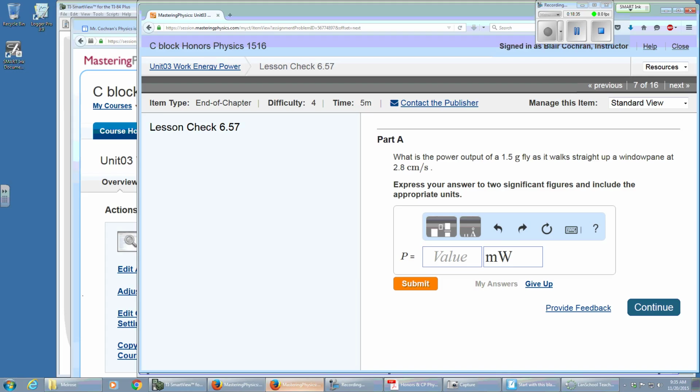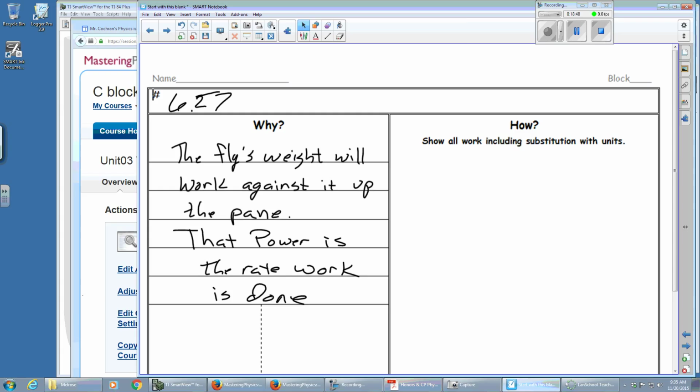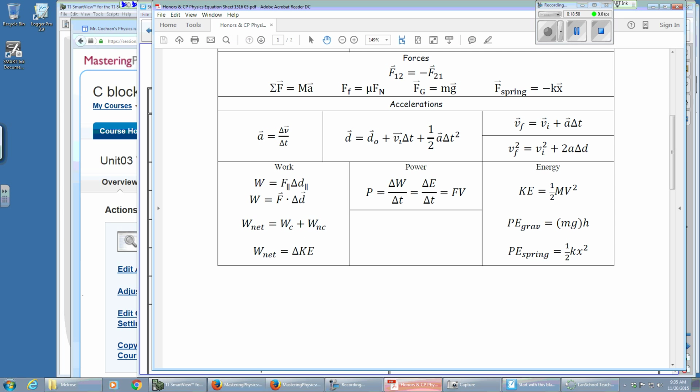But what I'm going to encourage you to use is the last definition of power, which is power is the force that's resisting motion times the motion, the velocity, the speed. So that's what I'm going to use on this side. Power is force times the speed, right on our equation sheet. Do you see it? Remember, all of these are equal to each other. But rather than writing P 4 times, just string them all together.